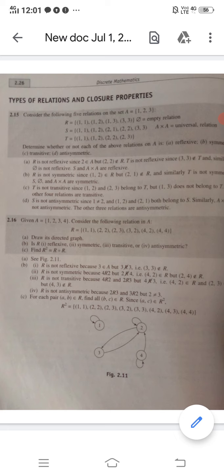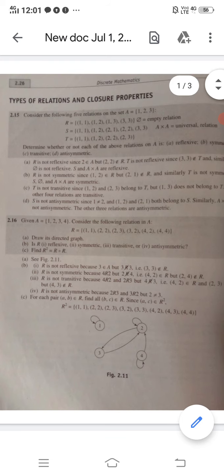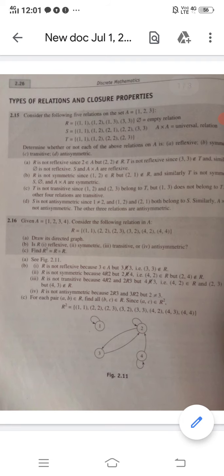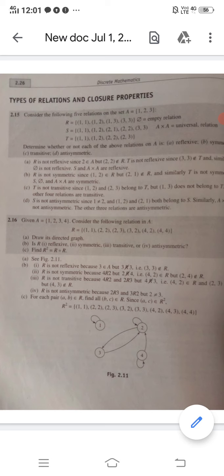R is not reflexive because it has only (1,1), (3,3), but (2,2) is missing. Let's check S. S is reflexive, (1,1), (2,2), (3,3) all are here. T has (1,1), (2,2), no, T is not reflexive. Empty relation is not reflexive. Universal will have all the relations, so universal is reflexive.